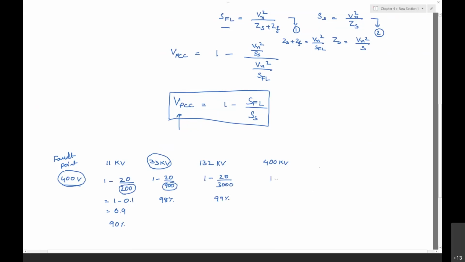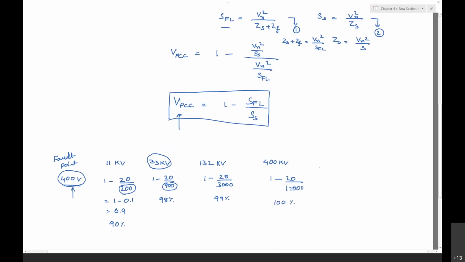If you are measuring the voltage at the 400 kV line and the fault has occurred at 400 volts, this is the fault point. In that case, it is 1 minus 20 divided by 17,000, and we get 100 percent.